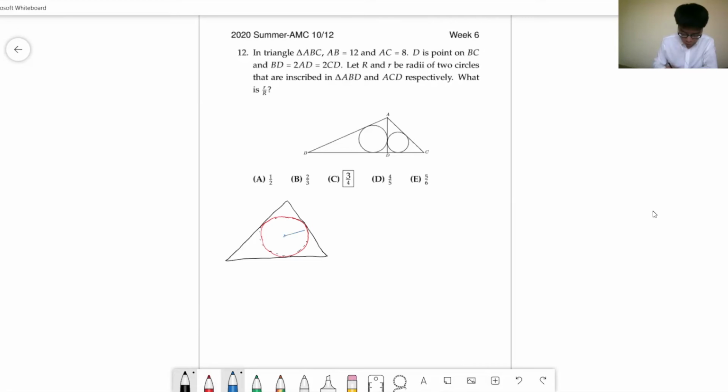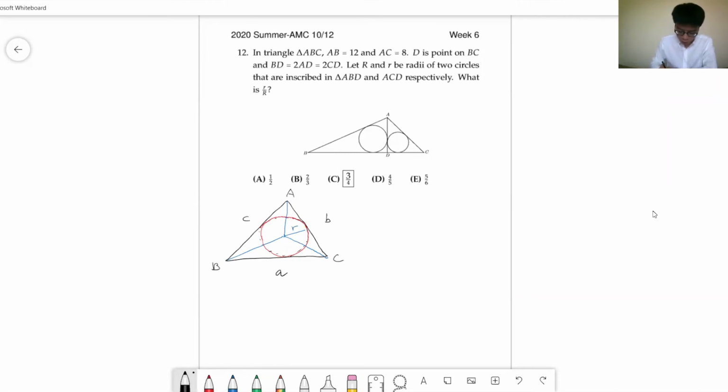Let me denote the radius by r, and say we have the side lengths of the triangle to be A, B, C. All right, we know that we can divide the triangle into 3 pieces. So, okay, maybe let me still denote by A, B, C.